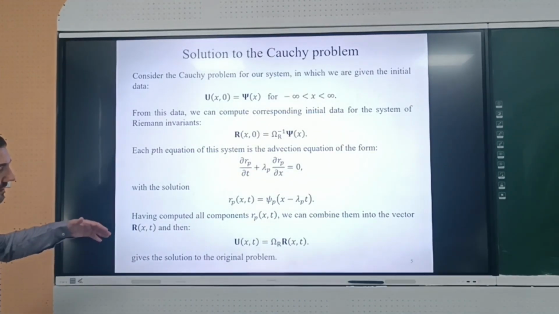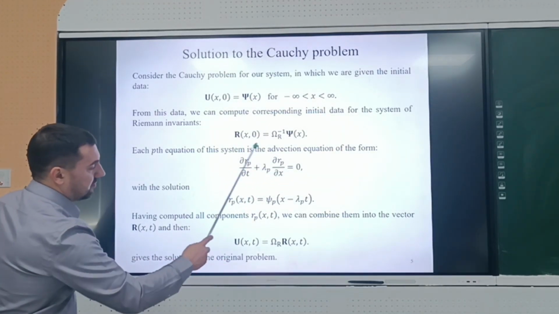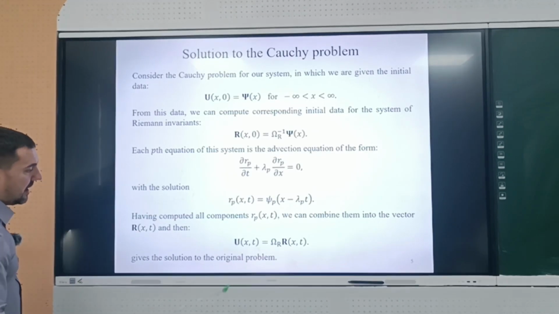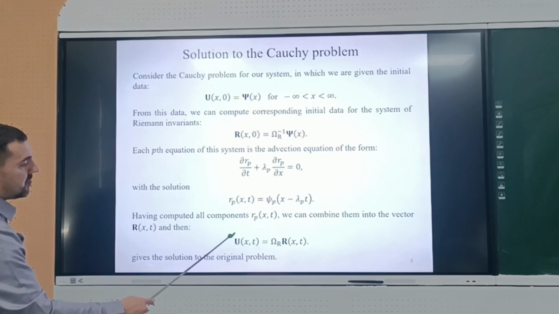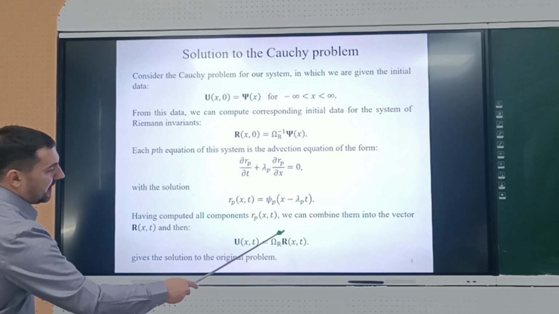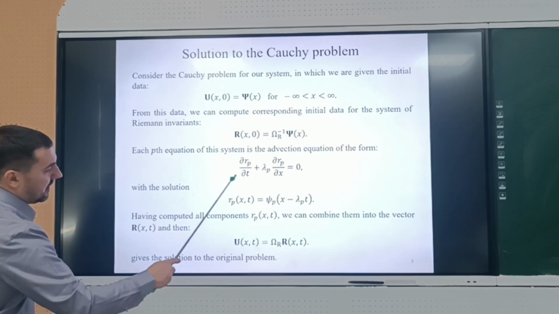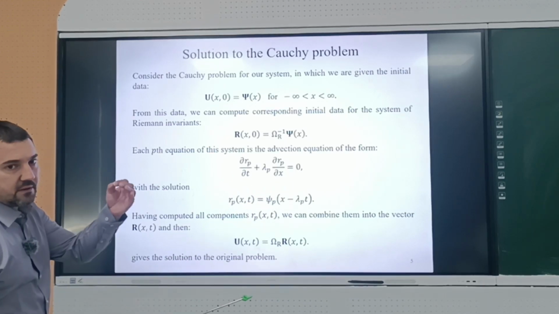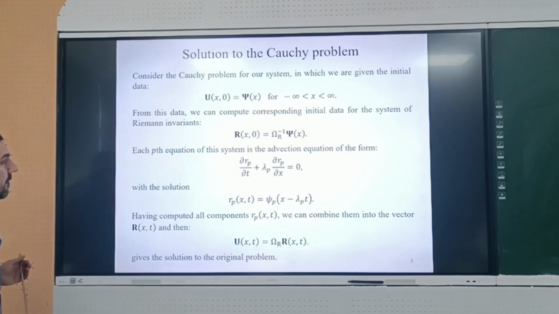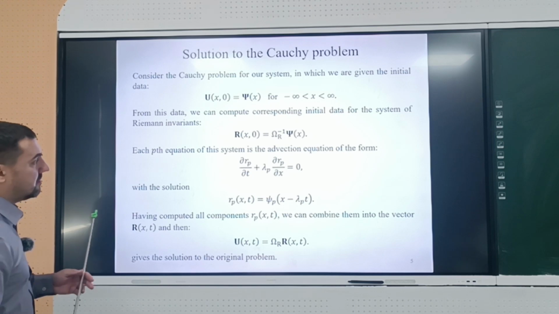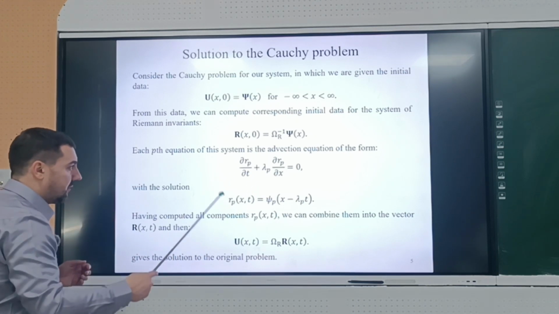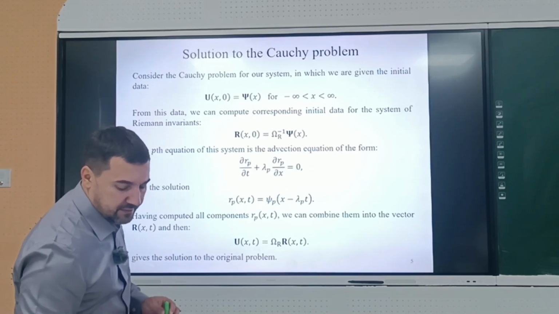Then we can collect all these solutions of the separate linear advection equations into a vector, and this is the solution to the original problem: U(x,t) equals Ω_R R(x,t), where each component of the vector R corresponds to the solution of one scalar linear advection equation. That's also actually very simple, just a generalization of the exact solution of the linear advection equation.